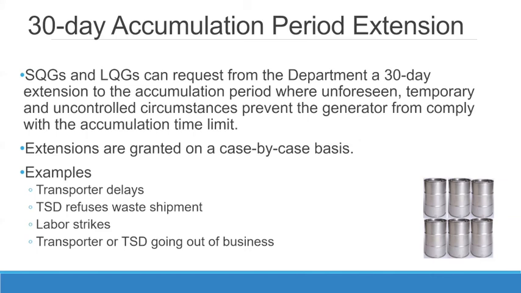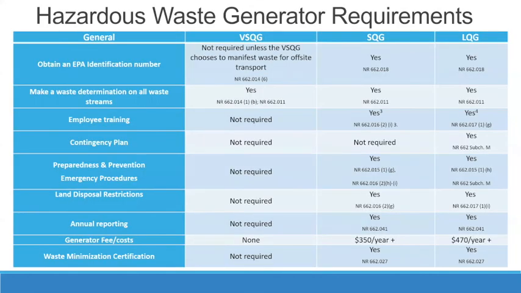And Marcy, next slide, please. So the following 4 or 5 slides are basically a matrix showing the requirements on the left-hand side, and then whether that requirement applies to the VSQG, SQG, or LQG. And within that matrix, it will direct you to the specific code citation of where you will find that specific requirement.